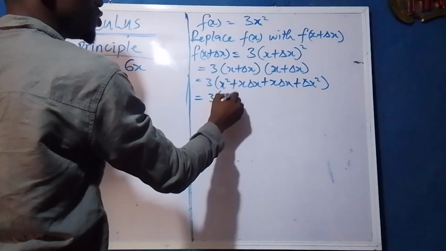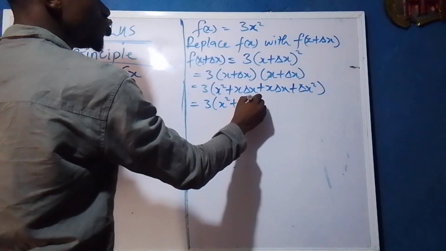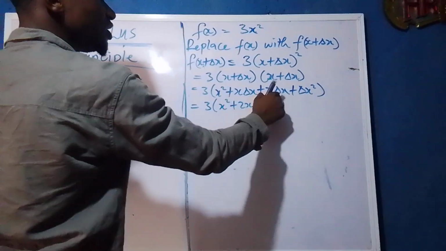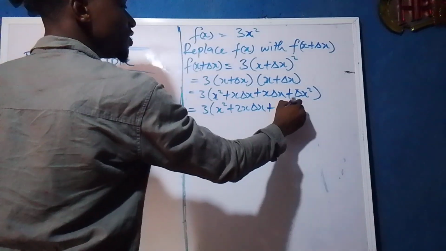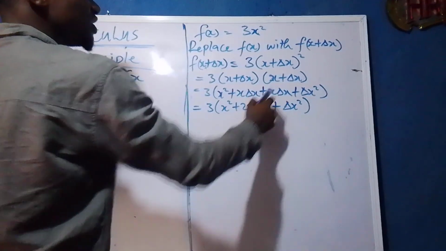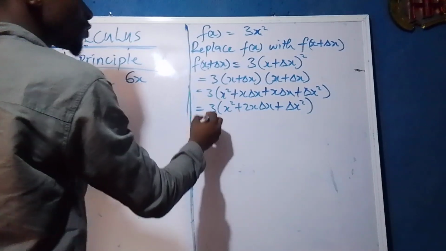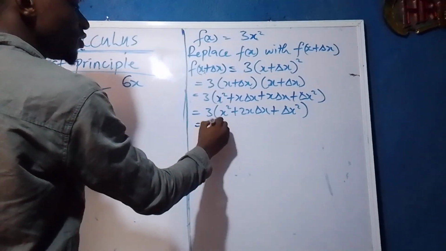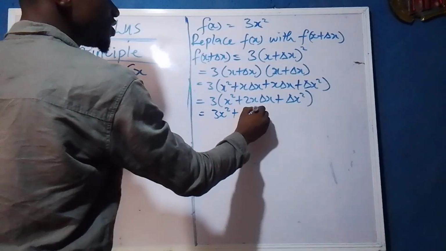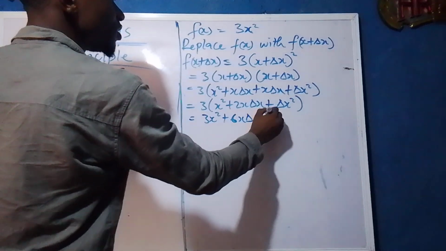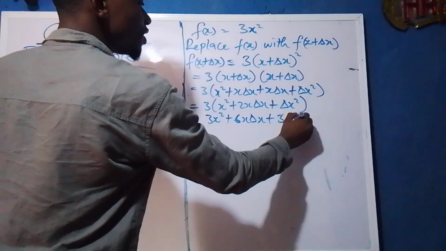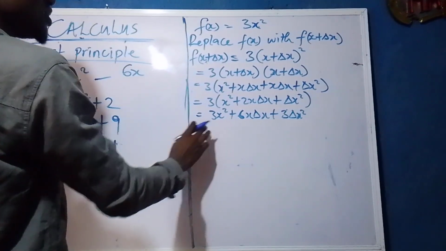If I simplify further, I'll have x squared plus 2x dx plus dx squared, because these two are like terms. Then opening the bracket, that will be 3x squared plus 6x dx plus 3 dx squared. So that is step number 1.